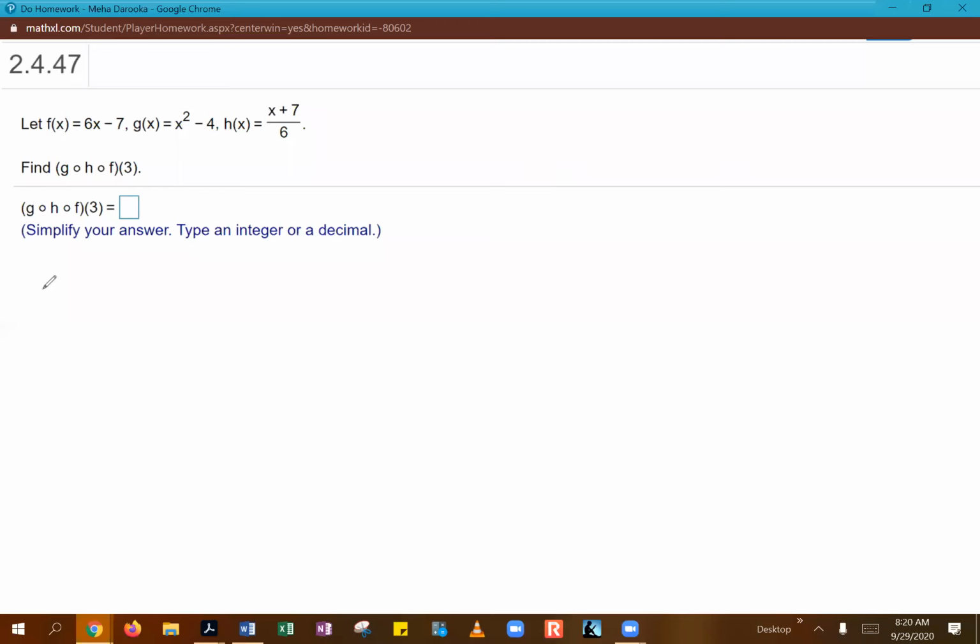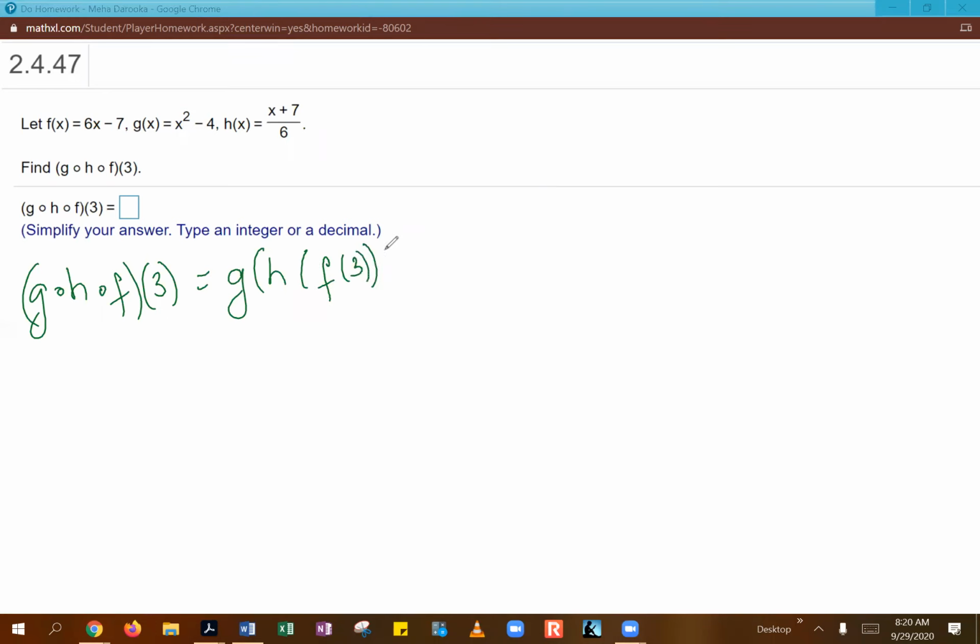When you are writing it out, that means g is going to be the outermost function, h is going to be in the middle, and then f is going to be the innermost function, and we're starting out with 3 for the f function. So you're going to do f of 3 first, again, like we did in the previous example. So what do you think f of 3 will come out to be?